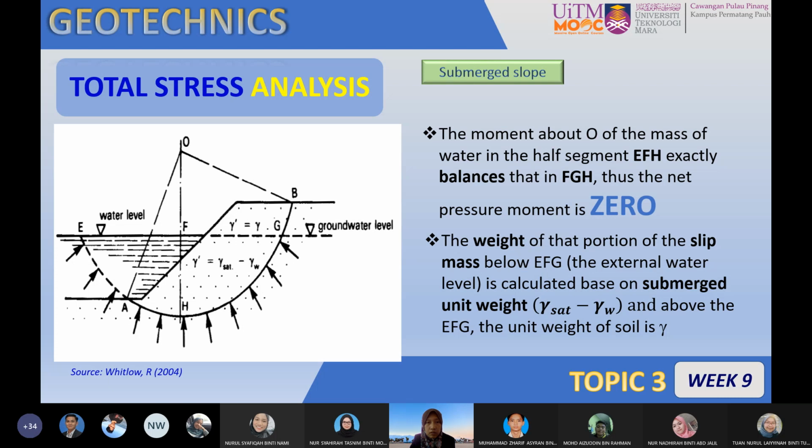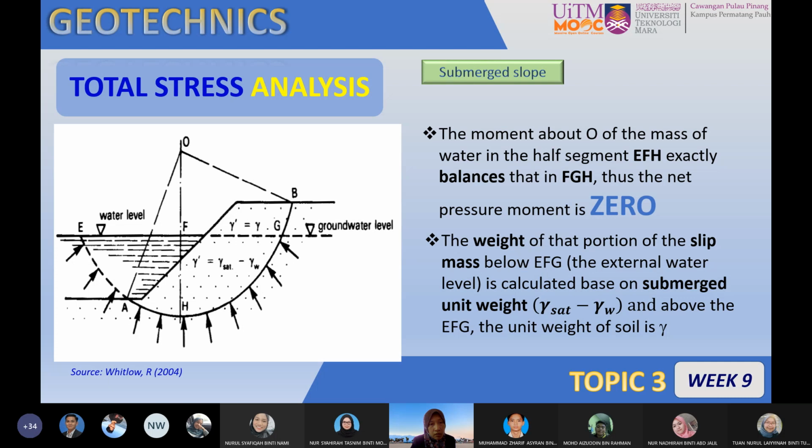And then the next case is when we have a submerged slope. If you look at this figure, the equilibrium of the moment of the force is considered as 0. Equilibrium at this left side is equal to that at the right side.